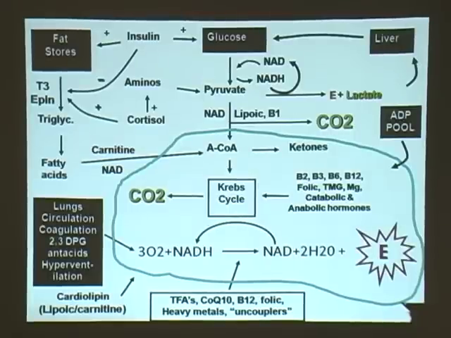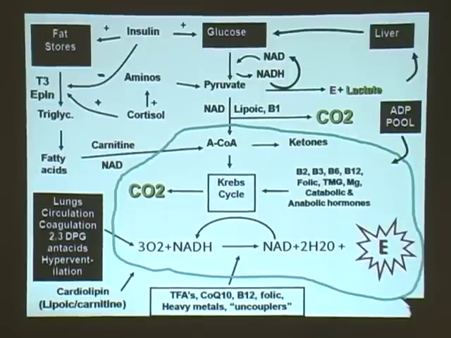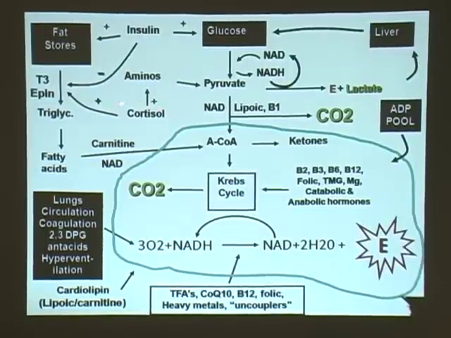So what would be the factors? One is insulin. Insulin will block the breakdown of fat. Also, not having enough T3, thyroid hormone, will interfere with the breakdown of fat, and also not having enough cortisol, and also not having enough carnitine or not having enough NAD.